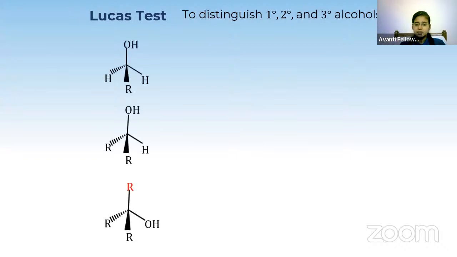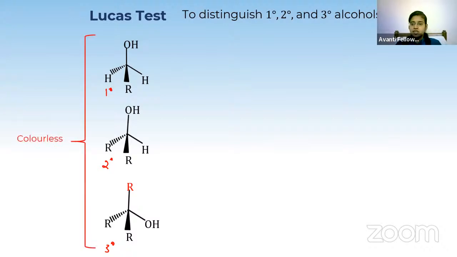Let me take all three types of alcohols. The first one is primary alcohol, the second is secondary alcohol, and the third one is tertiary alcohol. You can see CH2OH, CHOH, and here COH. All the three types of alcohols are colorless.